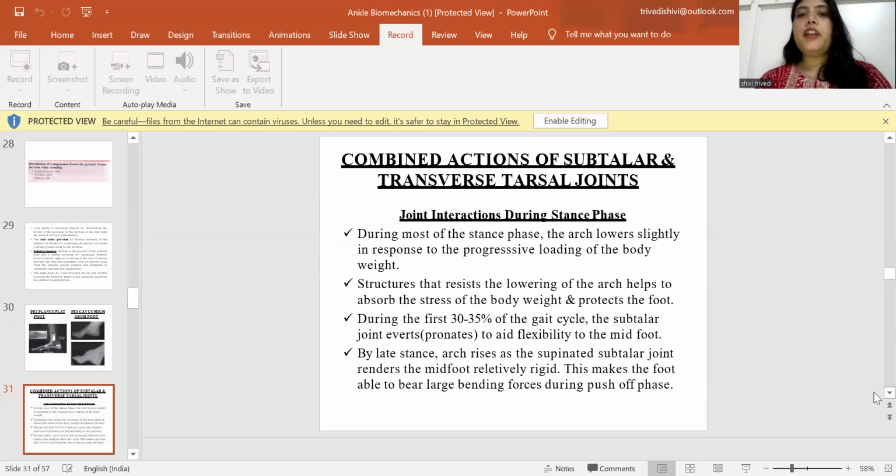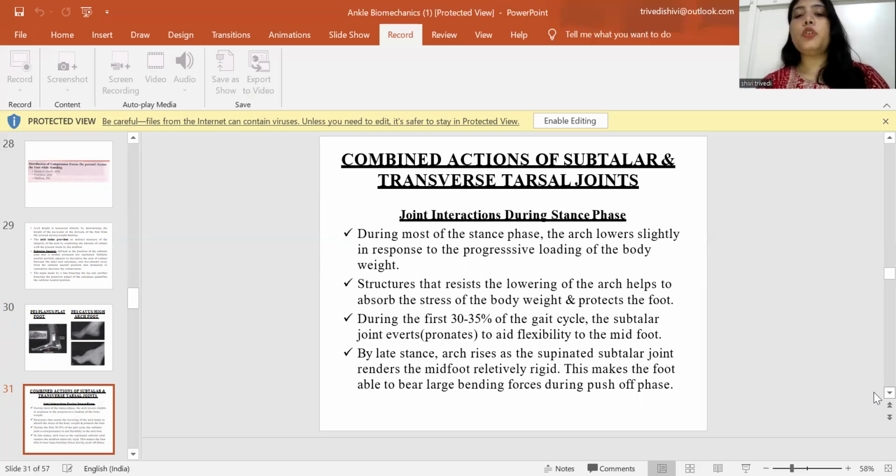Combined action of subtalar and transverse joint, that is joint interaction during stance phase. During most of the stance phase, the arch lowers slightly in response to the progressive loading of the body weight. A structure that resists the lowering of the arch helps to absorb the stress of the body weight and protect the foot.